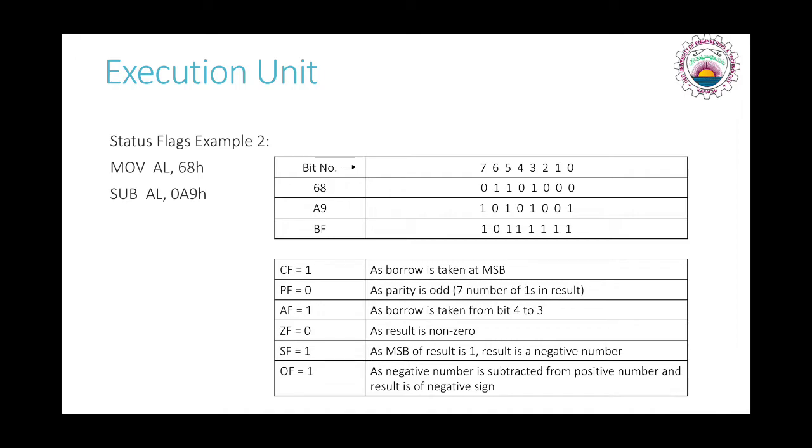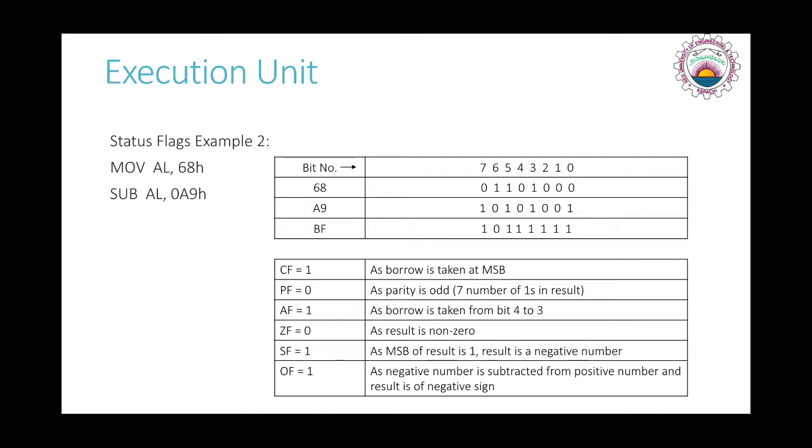Then after performing the calculation, BF is having 7 number of ones in it. That is an odd number of ones. So parity flag will be 0. Auxiliary carry flag is also 1 because you may see that there is a borrow taken from bit number 4 to 3.